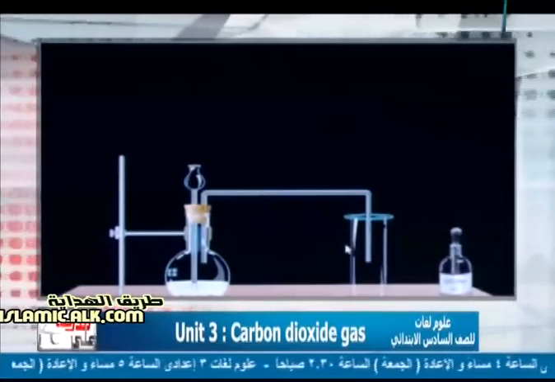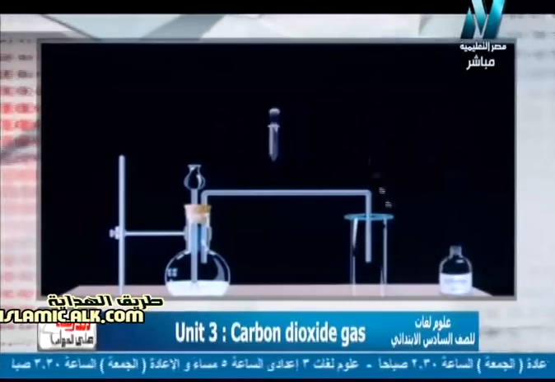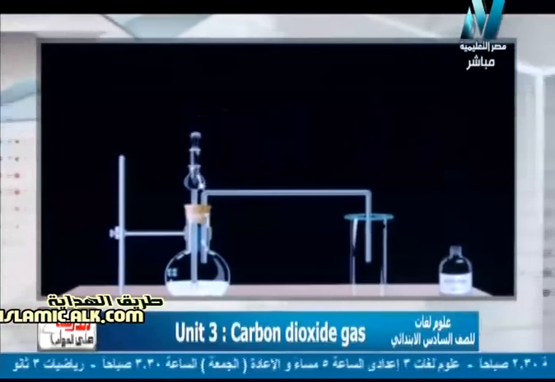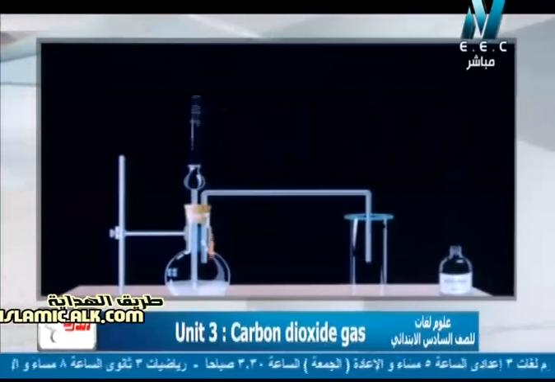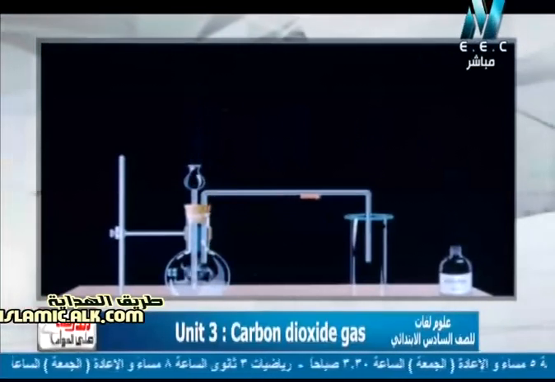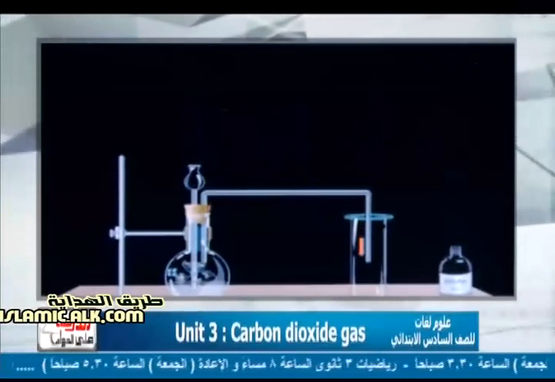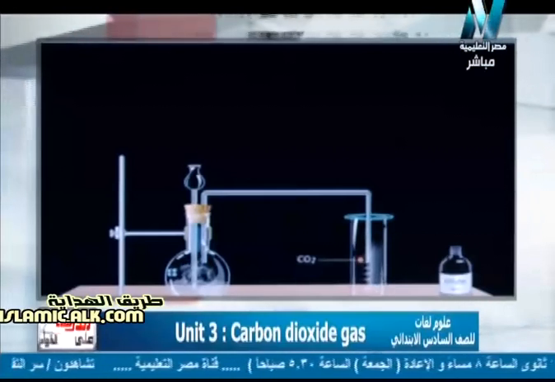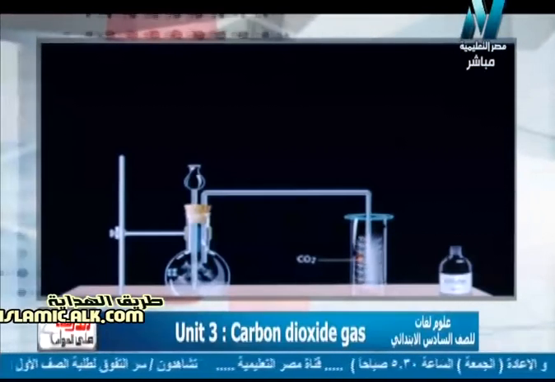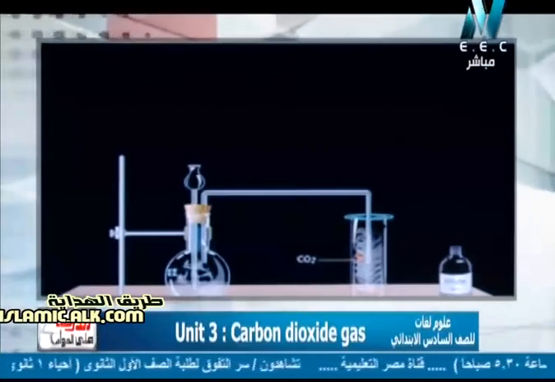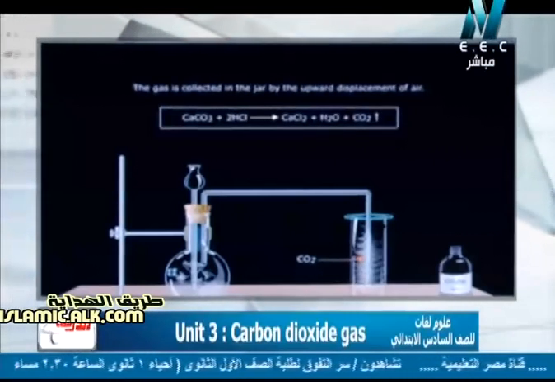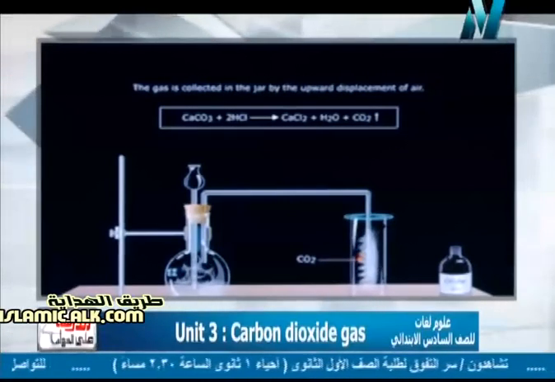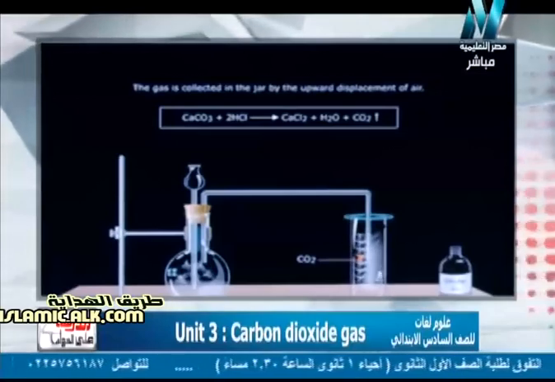Look here, I will put hydrochloric acid in this funnel to react with calcium carbonate that produce carbon dioxide gas. Here, carbon dioxide gas will remain at the bottom, and it will displace the air upward. هيعمل إزاحة علوية للهواء. So now I have a jar that contains carbon dioxide gas.